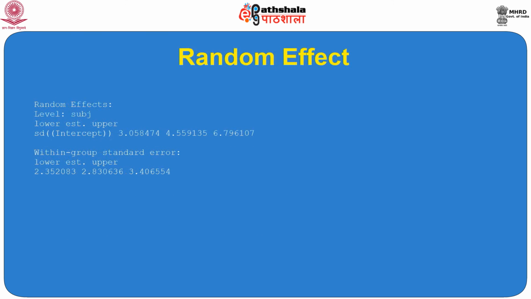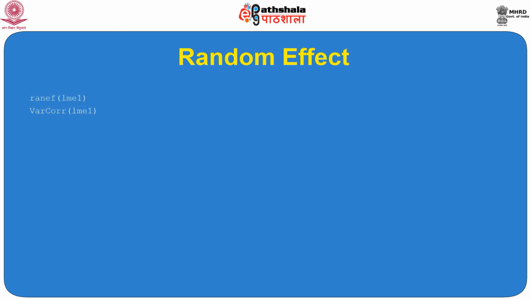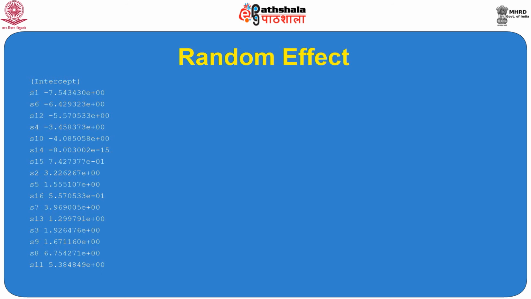Now we will go for the random effect. The slide should be on random effect modeling. So here, when we call the random effect, we get the random effect for subjects with lower and upper interval of 3.05 to 6.79, and the within group standard error is 2.35. Now the variance covariance matrix can be obtained for this random effect as the var-corr matrix. Here the intercept value is obtained, and after that the random effect for the first 11 individuals is given.